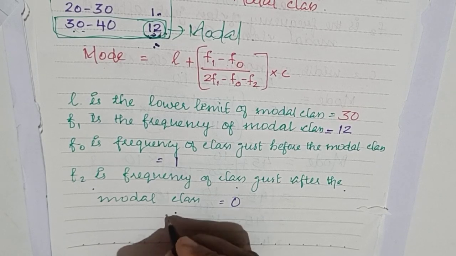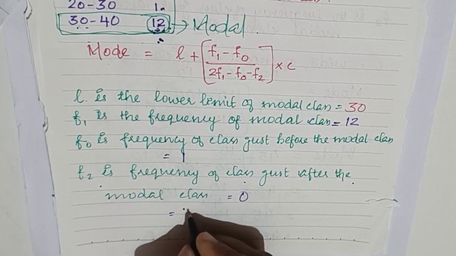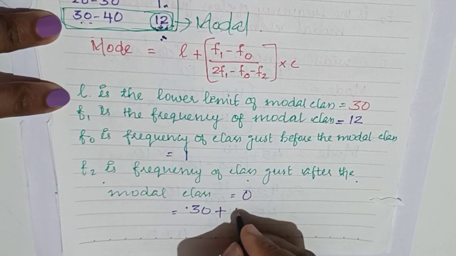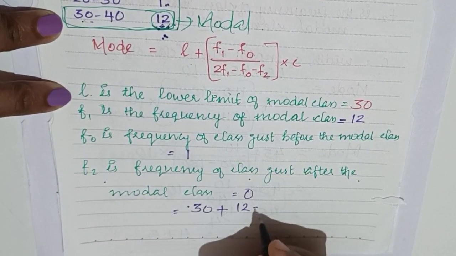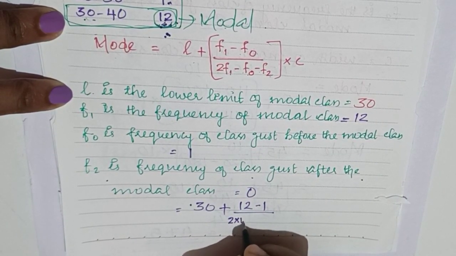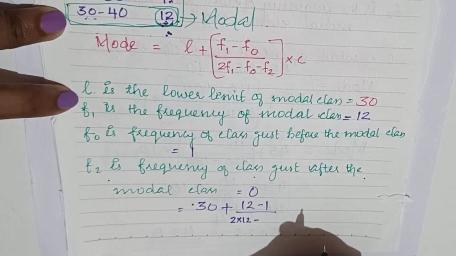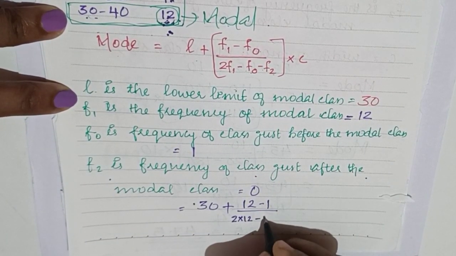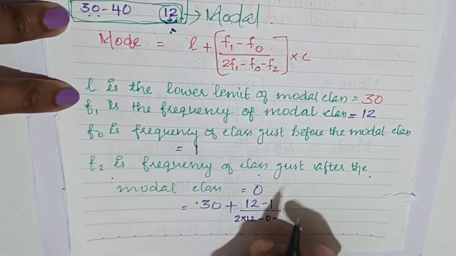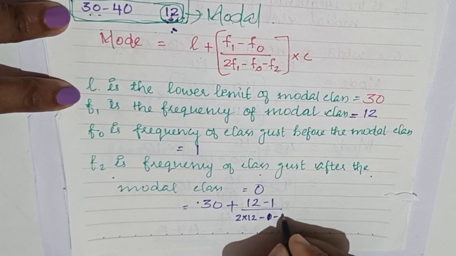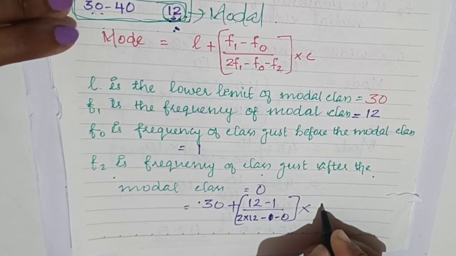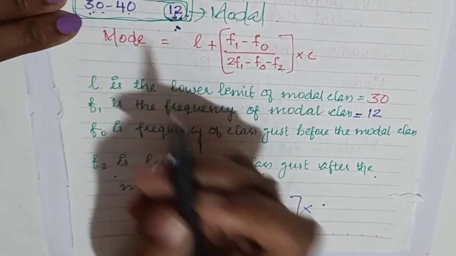So when we apply this, the lower limit is 30 plus F1 is 12, F0 is 1, divided by 2 F1, that is 2 into 12, minus F0 is 1, minus F2 is 0, into C, which is 40 minus 30, that is upper limit minus lower limit, that is 10.